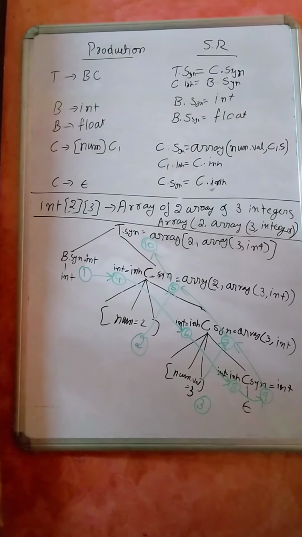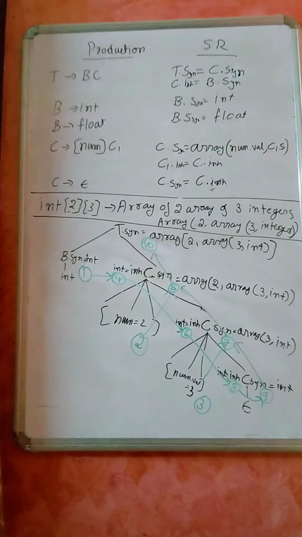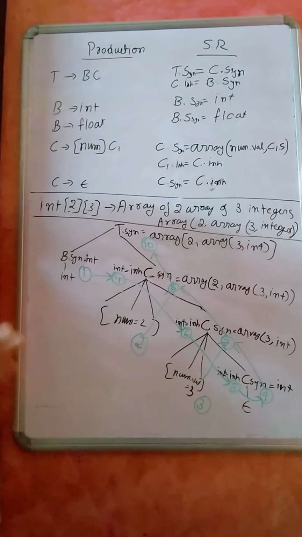Next session I'll move on to the intermediate code generator. It is the same module, the 5th module only. In the 5th module you have 3 chapters. One is syntax directed translation or SDT, the other one is intermediate code generator, and one more chapter is code generator.